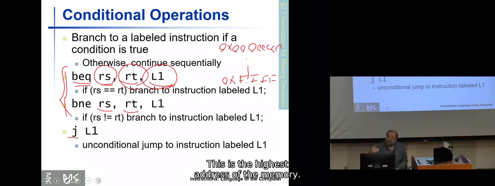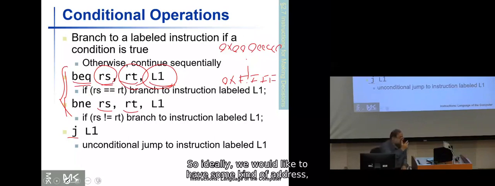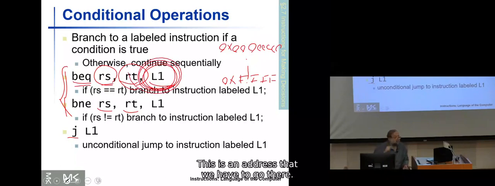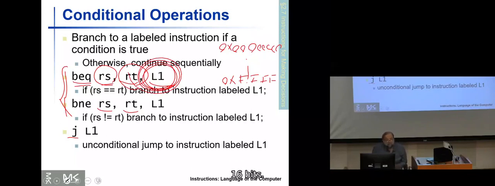This is the highest address of the memory. So ideally, we would like to have some kind of address which is 32 bits. But what do we have here? This is an address that we have to go to, and it is only how many bits? 16 bits. So this is a compromise.